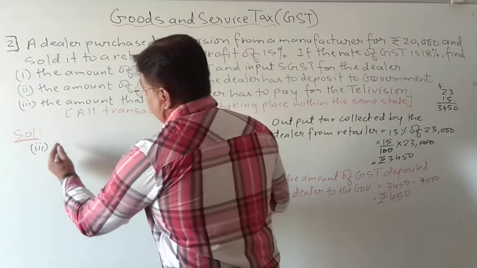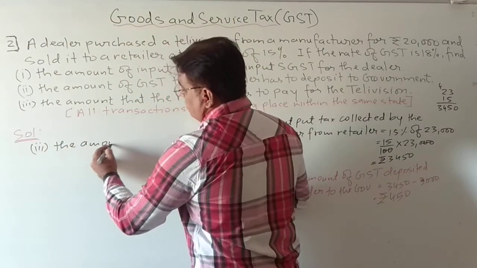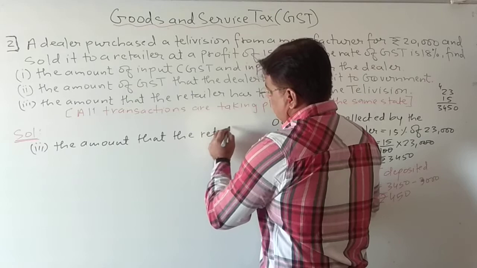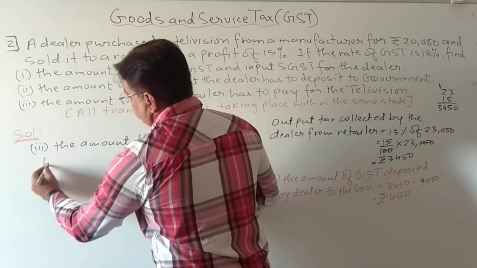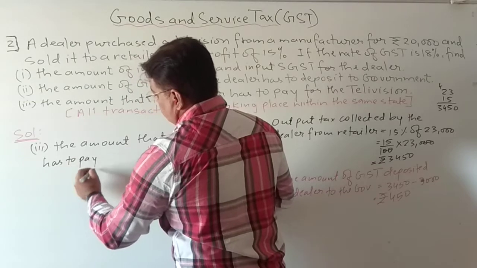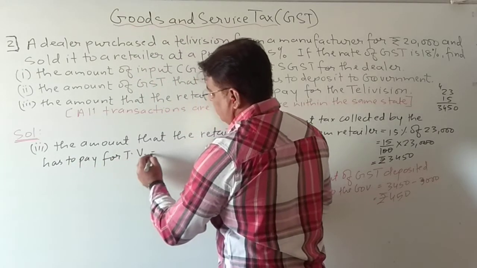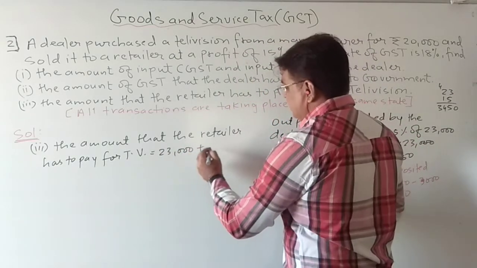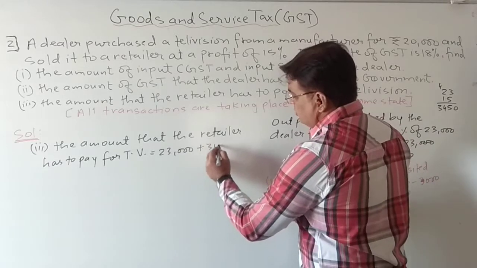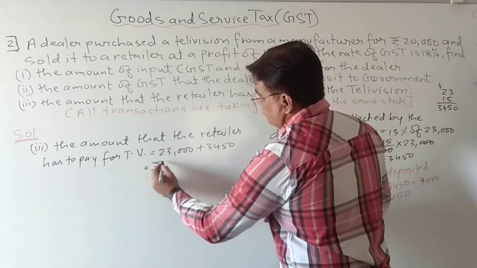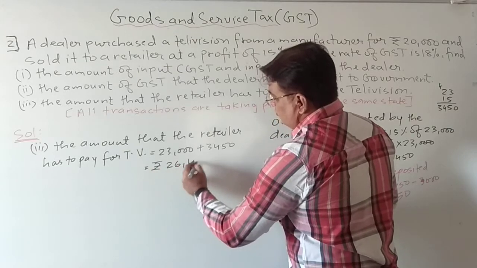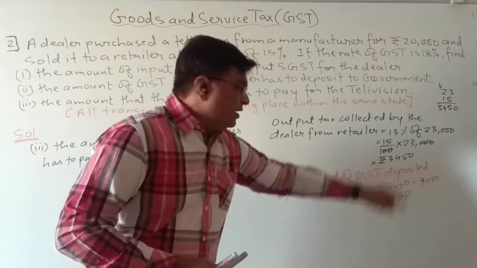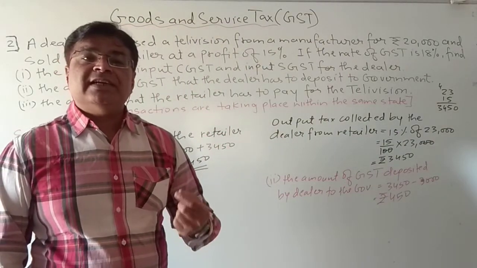So we can say that the amount that the retailer has to pay for the television set will be the selling price of the television set plus the tax he has paid to the dealer. So 3450, that is 26,450.